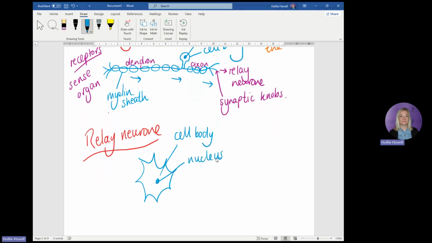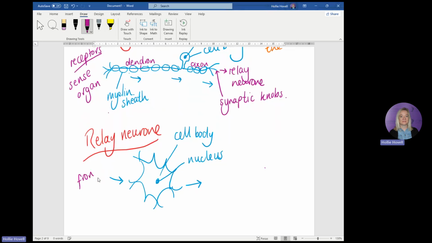But again, it's really important that we know which way the impulse is going. So let's say, for example, that the impulse is going in here, through the cell body, out here. Okay, this side of the relay neuron is going to come from the sensory neuron.